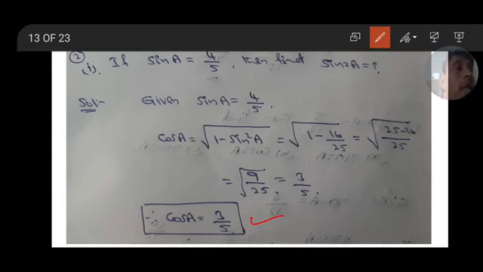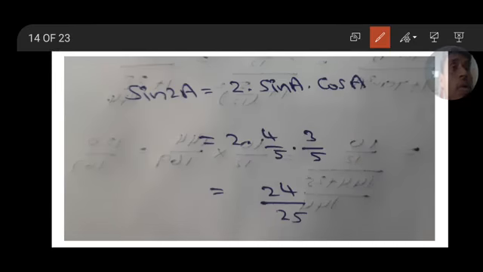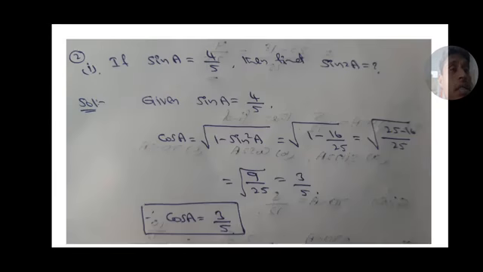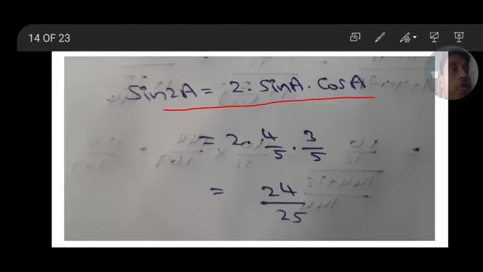Substitute this in the sin 2A formula. Sin 2A equals 2 sin A into cos A, with sin A equal to 4 by 5 and cos A equal to 3 by 5. Substituting, 2 into 4 by 5 into 3 by 5. 2 into 4 is 8, 8 into 3 is 24, and 5 into 5 is 25.